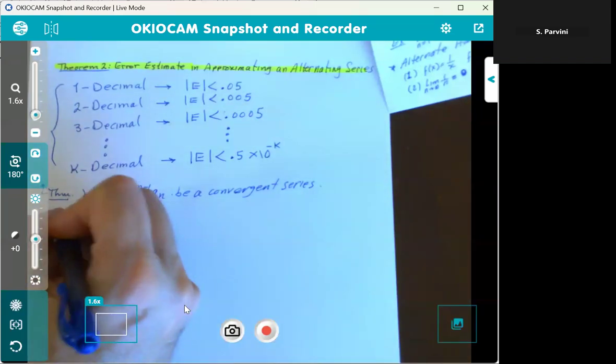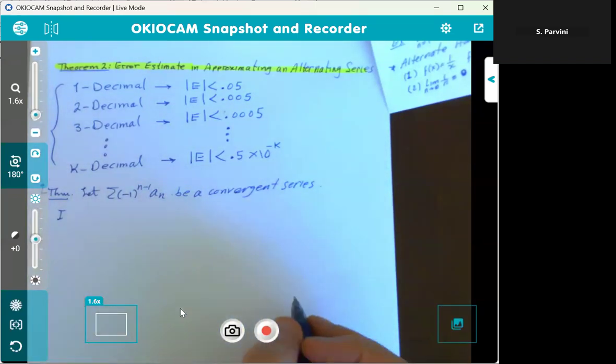Now, if it's convergent, that means the sum exists, right?